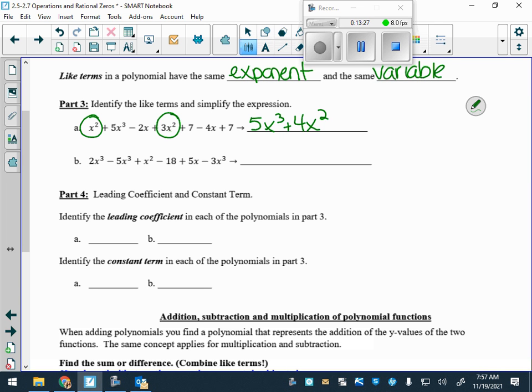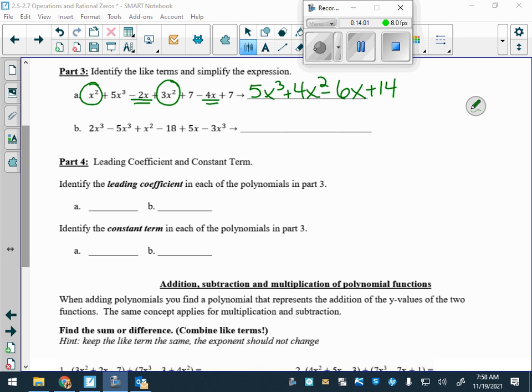Okay, then we have our x terms. Okay, we have negative 2x and negative 4x. So what are we left with? M? Negative 6x. Good. And then last but not least, we have our constant. We have 7 plus 7, which is 14. Good. Excellent. Try B. All right, for B, what do I have?